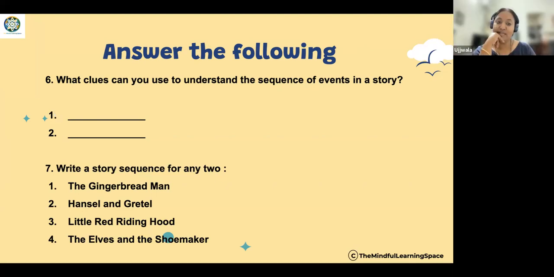Continue, I'm listening. Two, she saw a wolf. He figured she was going to her grandma's house. The wolf went to the house and ate the grandma and pretended to be the grandma. When the girl got there, the wolf ate her. The end. And then I got the gingerbread one.